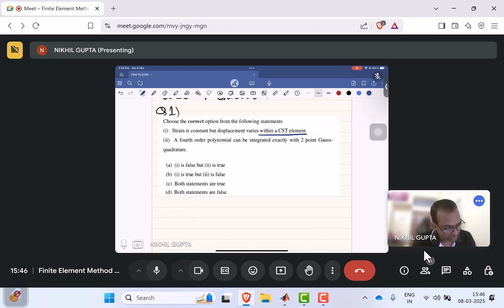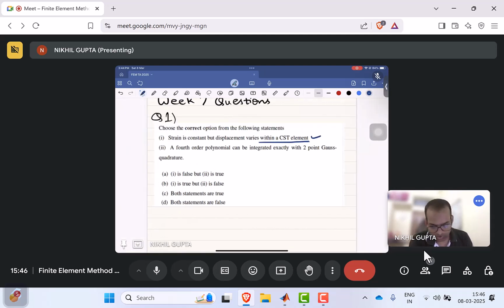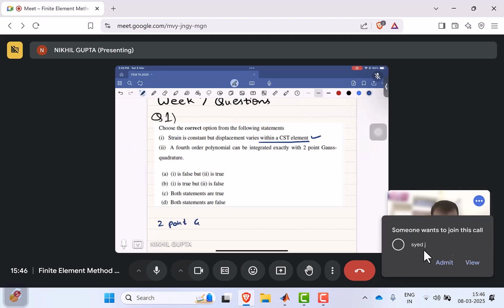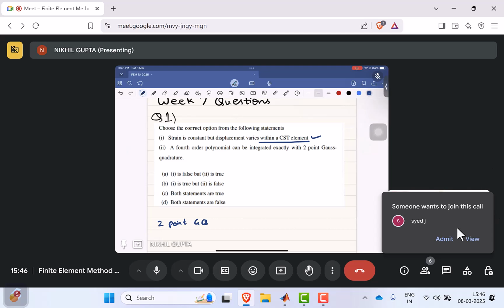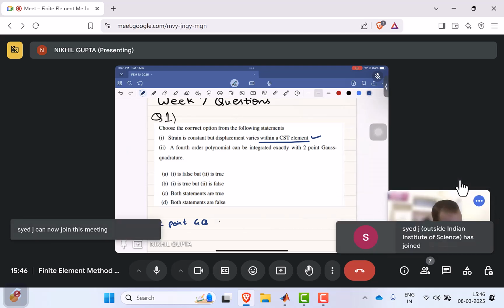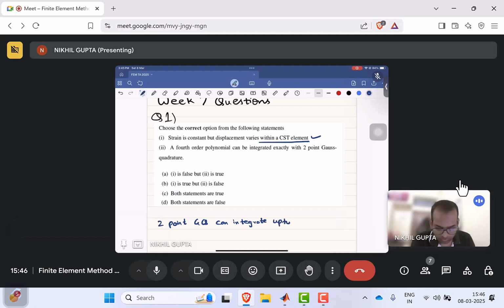So this is correct. Then fourth order polynomial can be integrated exactly with 2-point Gauss quadrature. So 2-point Gauss quadrature can integrate up to cubic polynomial exactly, this we know.